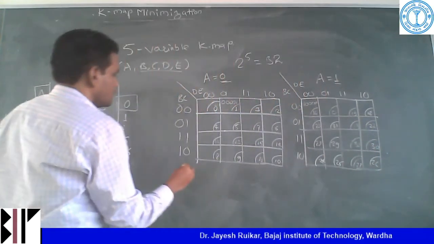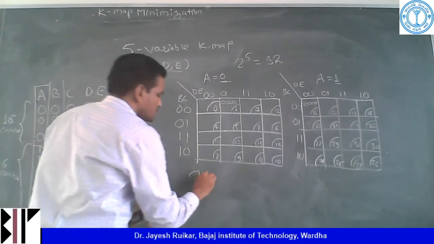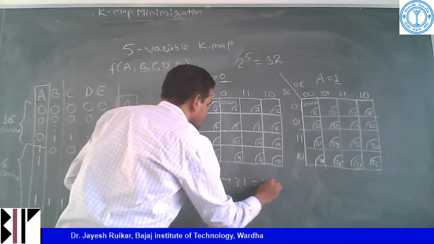So you have all the decimal digits from 0 to 31, that is 32.